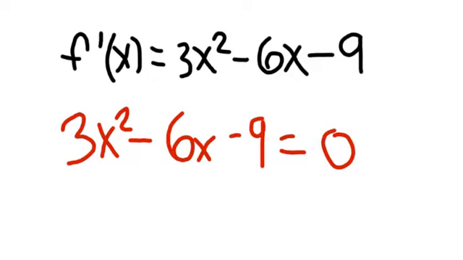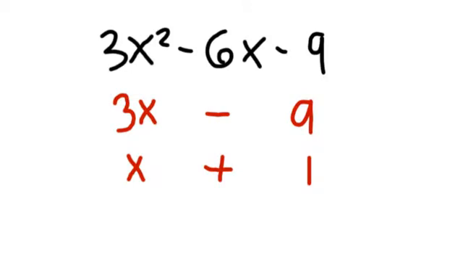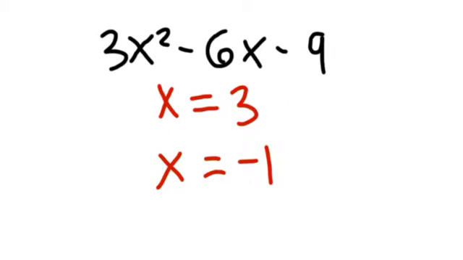So the gradient of the tangent is 0, and that's our output. To solve for x, we're going to factor, and that gives us 3x minus 9 and x plus 1, which we set each to 0, and we get x equals 3 and negative 1.